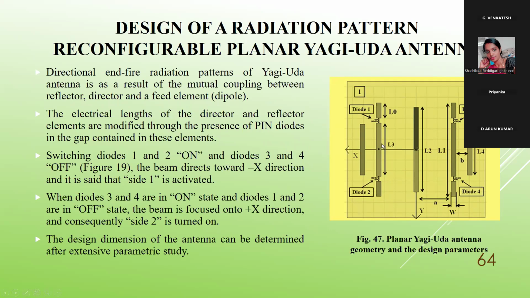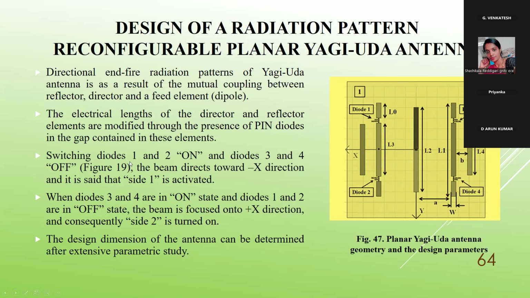The electrical length of the director and reflector elements is modified through the presence of PIN diodes, with a reflector and one director. So they have used 4 PIN diodes.